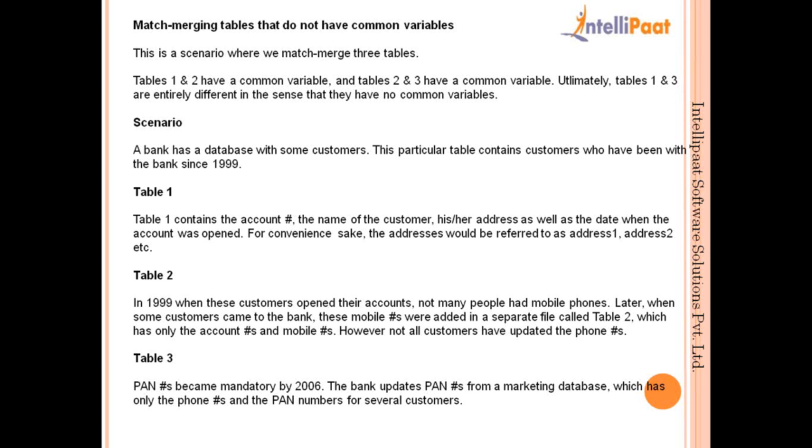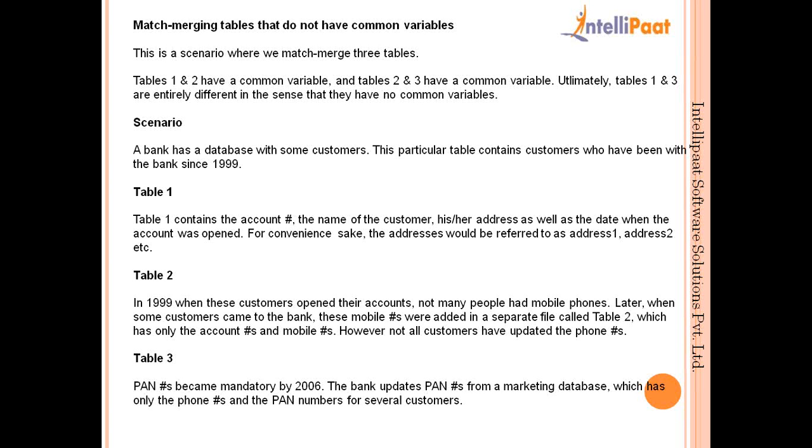The other scenario is a bank that has a data set, where we can apply a similar merge. A bank has a database with some customers, and that particular table contains customers who have been with the bank since 1999. So we can implement a similar scenario by creating three tables.